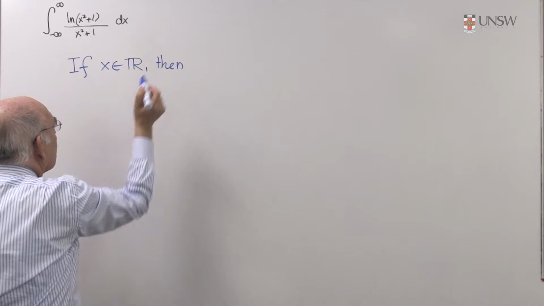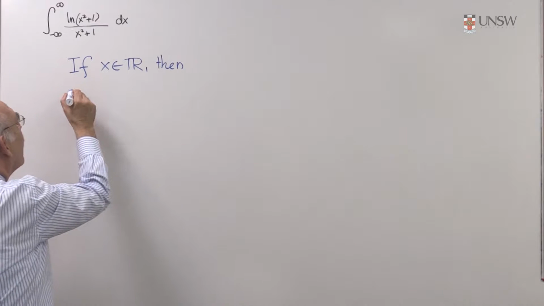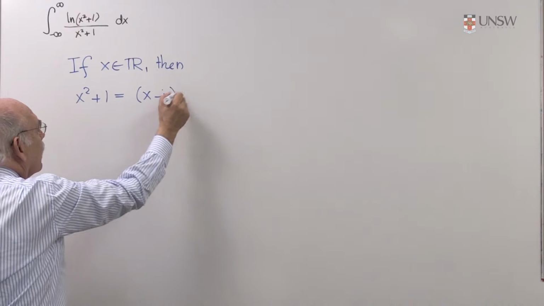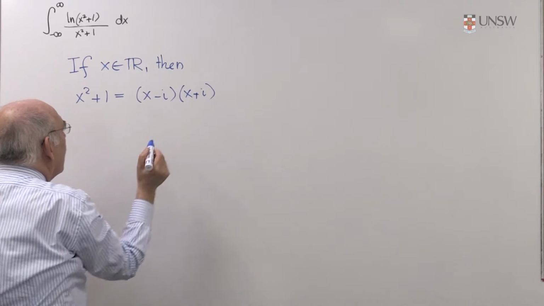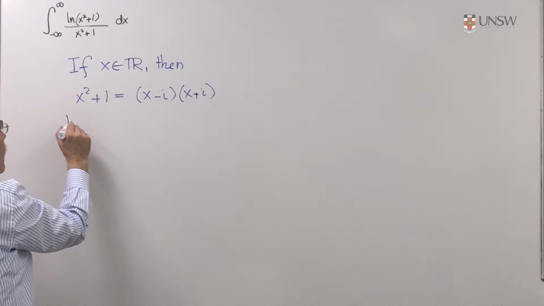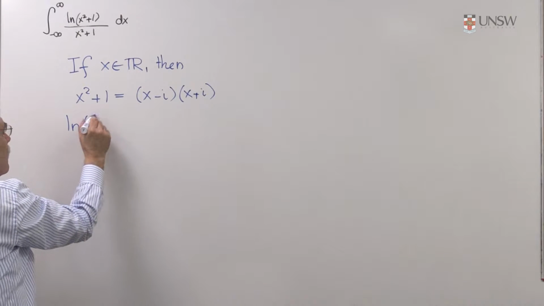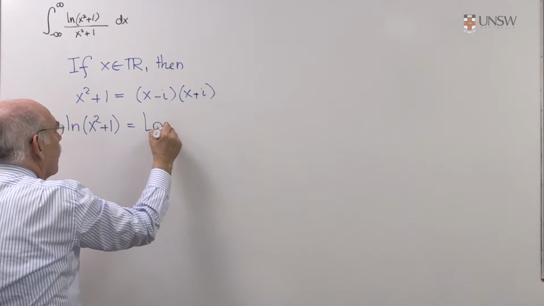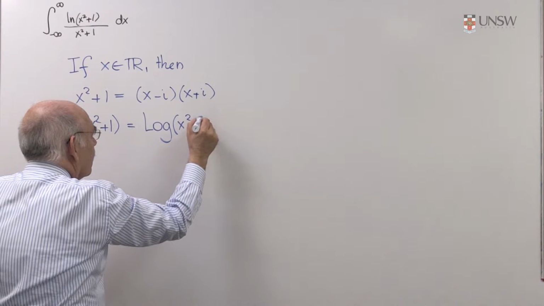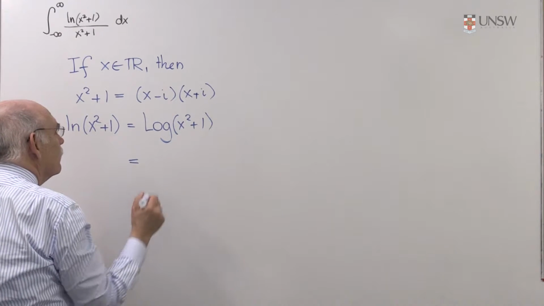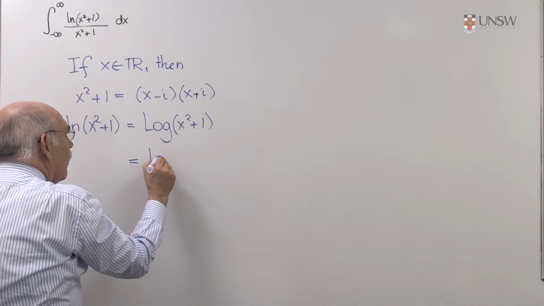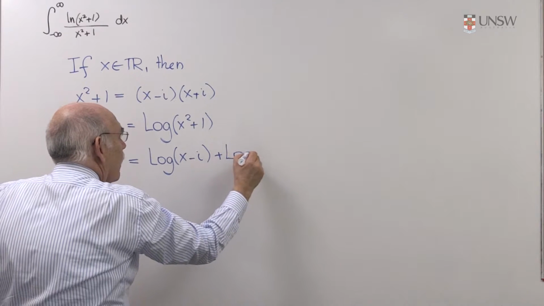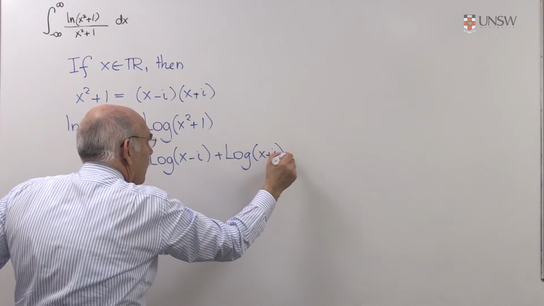then x squared plus 1 is equal to x minus i times x plus i, and the log of that, which is equal to the log with capital L of that, is actually equal to log of x minus i plus log of x plus i.